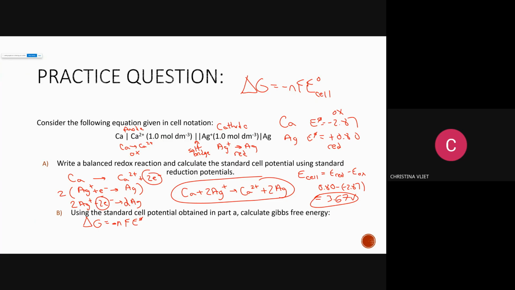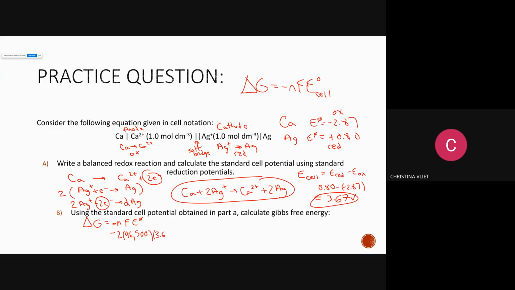One lost 2, the other one gained 2. So n is 2. Faraday is a constant that's given to you on the Cambridge exam, 96,500. And E is what you found in the last question, the 3.67.